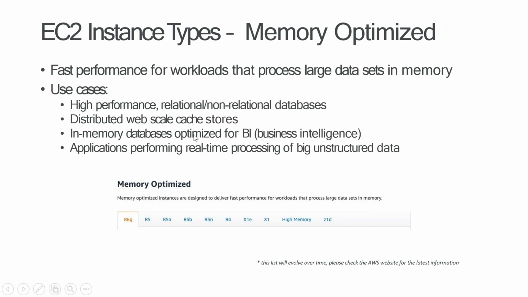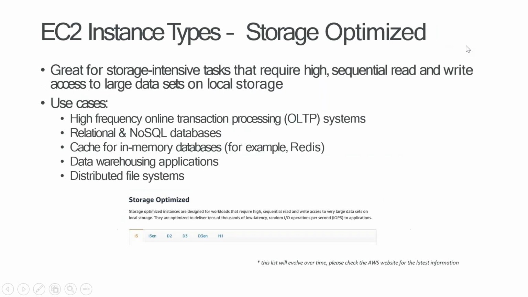For memory optimized, you can see high performance. Whenever you see a database, it's a memory optimized workload. Fast performance for workloads that process large data sets in memory: distributed web scale cache stores, in-memory databases. So wherever you see data or database, it will be a memory optimized instance.